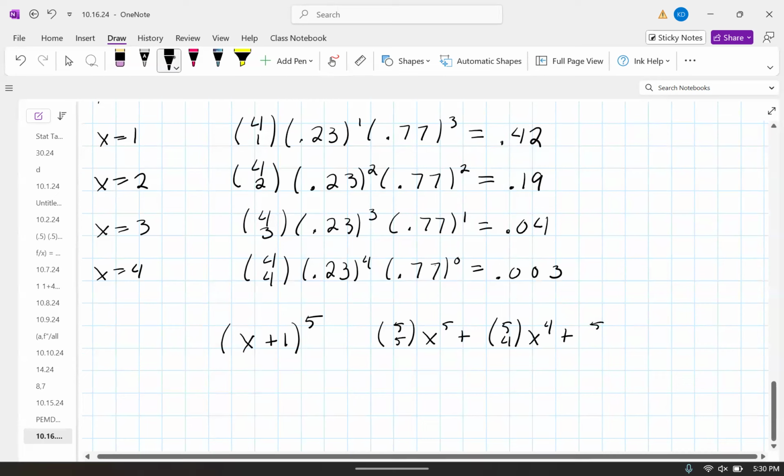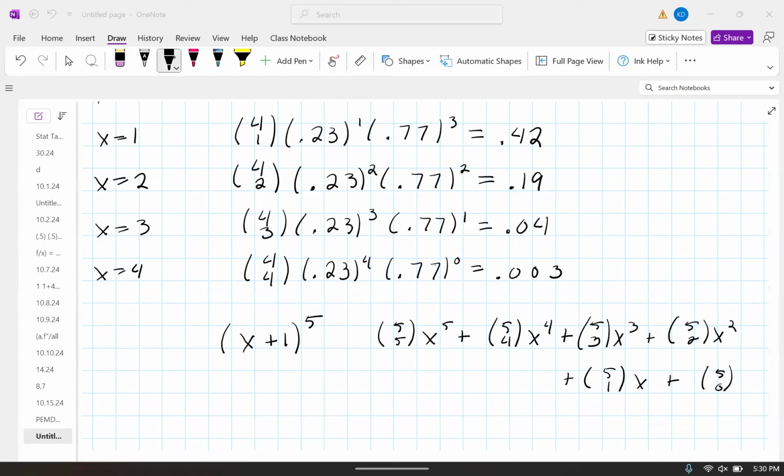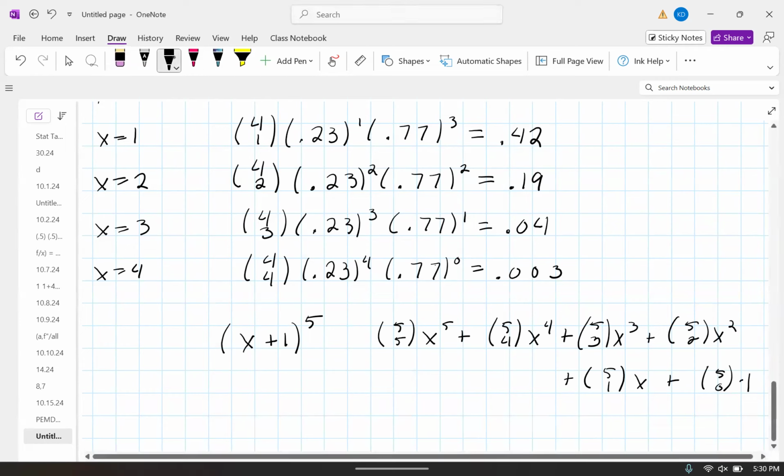It's not really going to matter. 5 choose 3 x to the 3rd plus 5 choose 2 x squared plus 5 choose 1 x plus 5 choose 0 times 1. So if we were to expand our binomial, that's what happens. You don't have to know that. It's just a fun fact that you'll probably never need, but I had the need to tell you. So now you know. I think they're fun, but that's okay.